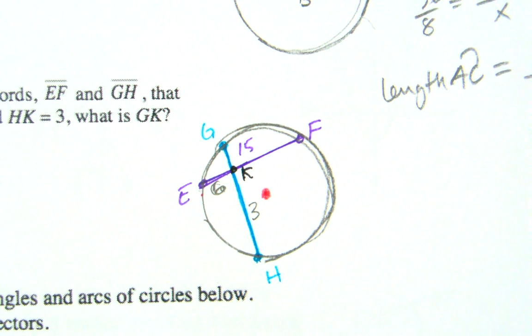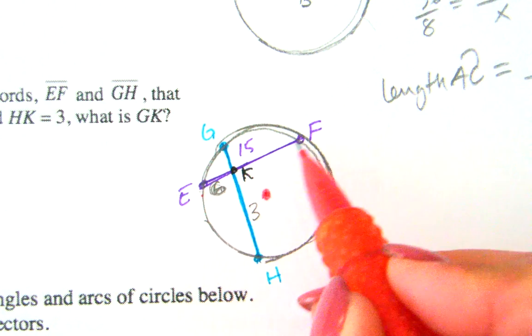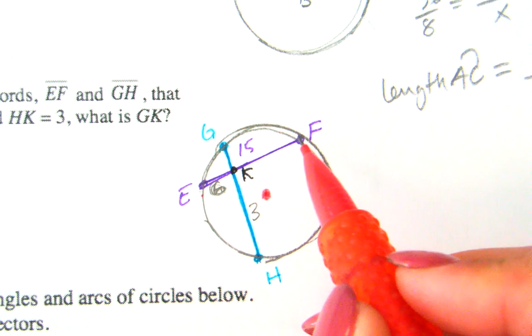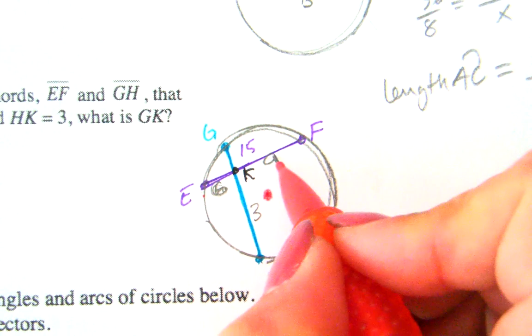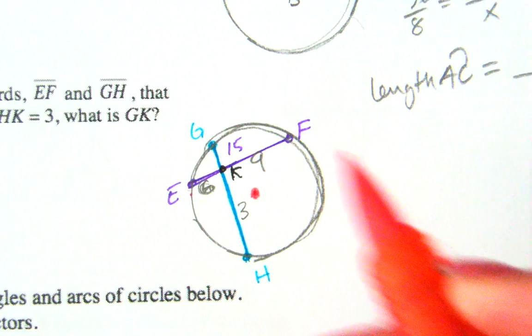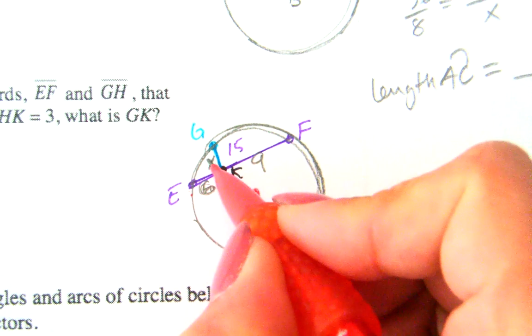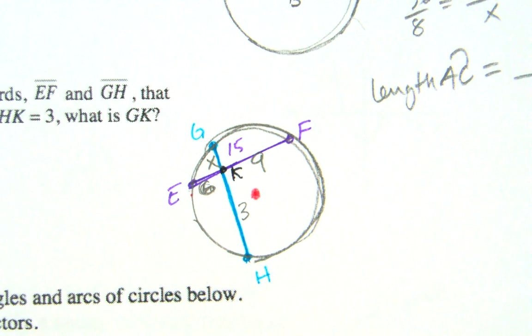And then the question is, what is G to K? Well, if this is 6 and the whole thing is 15, then what's missing? It's 15 minus 6, 9. So we want to know G to K, so we can call this X. Oh, that seems easy to do.